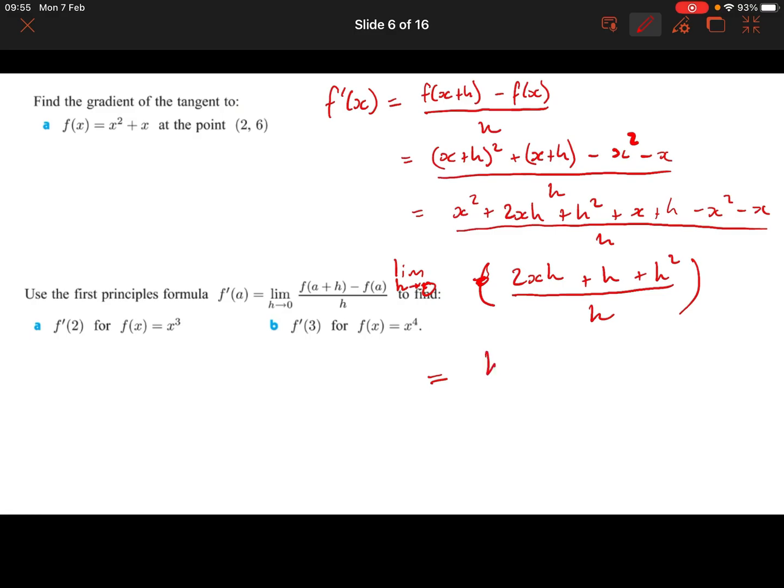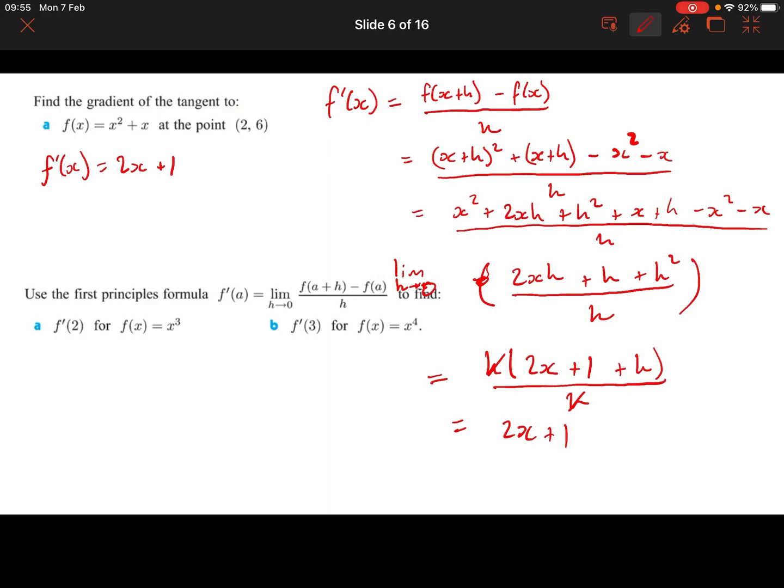So I can take h out, to get h times 2x plus 1 plus h, all over h. So I managed to cancel away the discontinuity. And so I'm going to get 2x plus 1, because as h tends to 0, that will just disappear. So my gradient function is 2x plus 1.